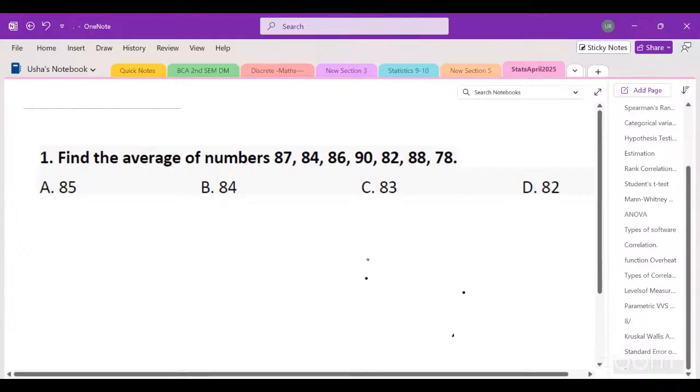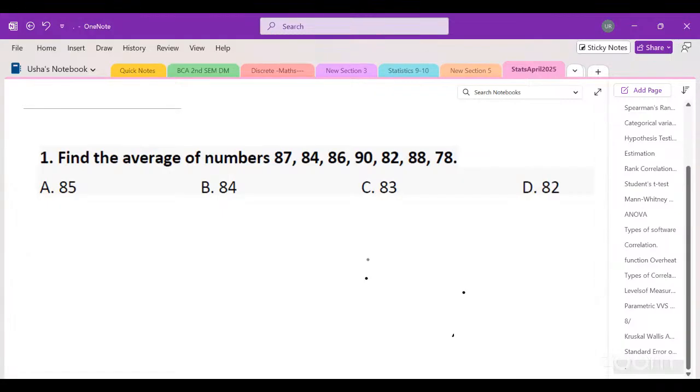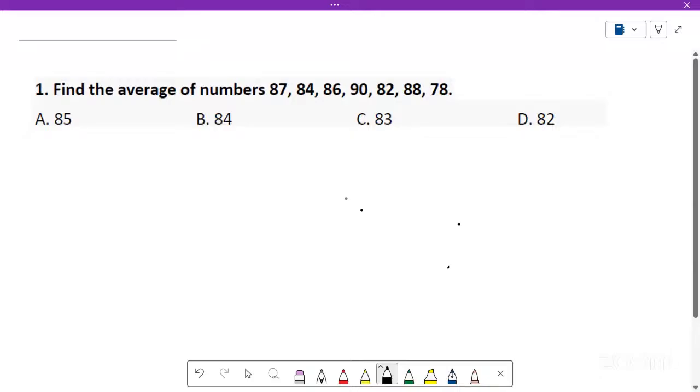Closer. Why is this not even detecting? Hmm. There is some glitch actually today.